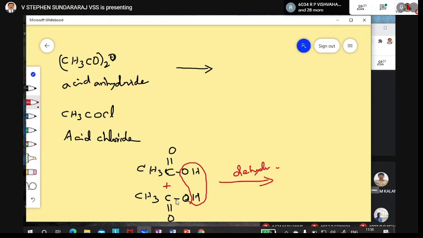Once the water molecule is removed, this carbon will make a bond with this oxygen. So I am writing the structure: CH3, C double bond O, and this carbon bonds with this oxygen, and then after that oxygen, carbon is there, double bond O and CH3. So CH3CO on both sides, and oxygen in between.